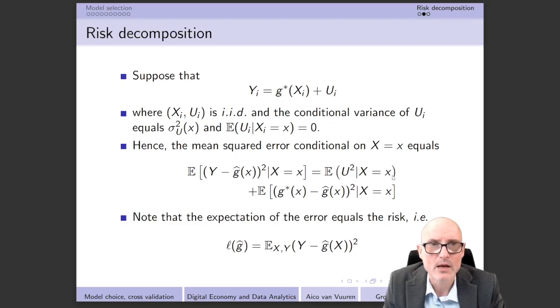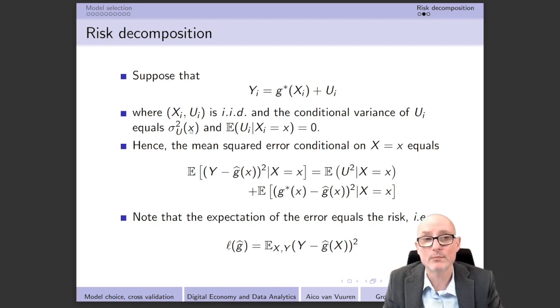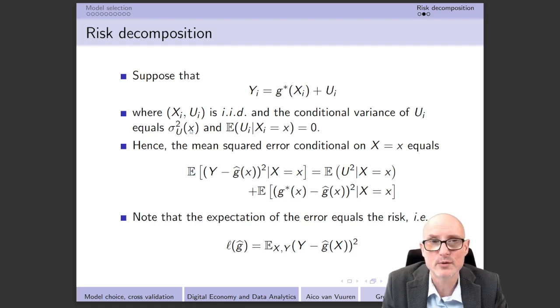Well, in this particular situation we can also write that as the variance of u conditional on x, so this sigma squared u of x that we have over here. And the reason why I can do that in this particular case is that the variance is always equal to the second moment minus the first moment squared. Well, this is of course the second moment.